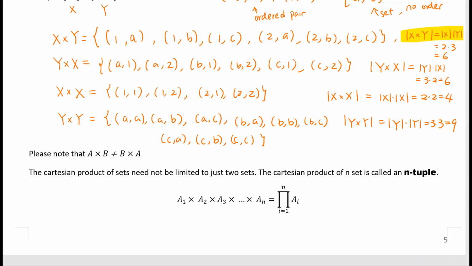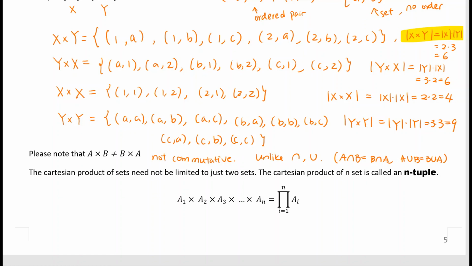Here the Cartesian product is a set operation and is not commutative. Unlike intersection and union, where A intersect B equals B intersect A and A union B equals B union A, the Cartesian product is not commutative.